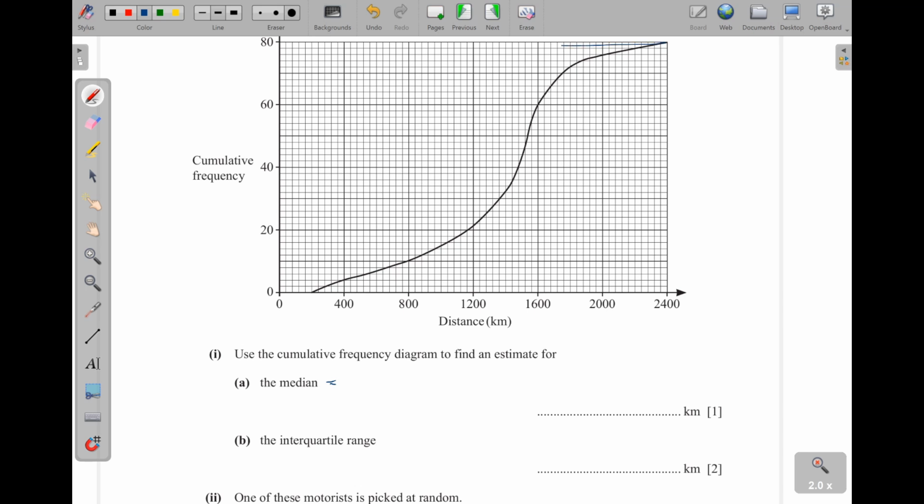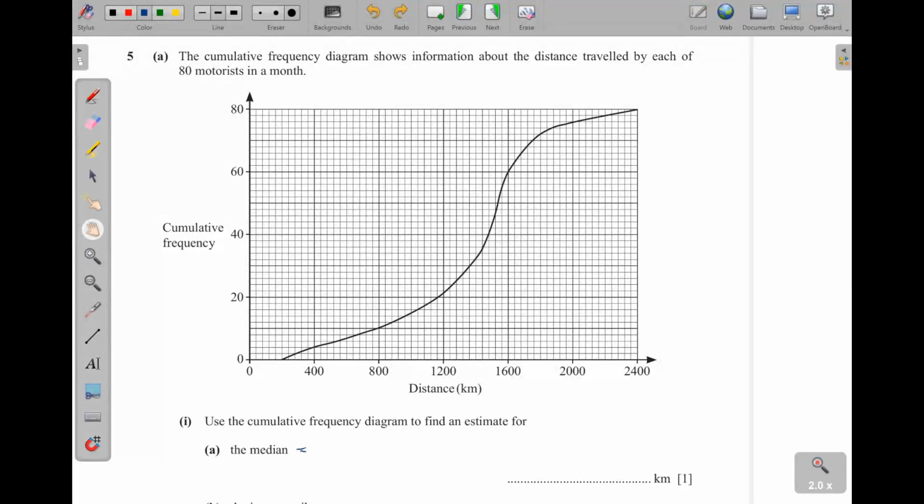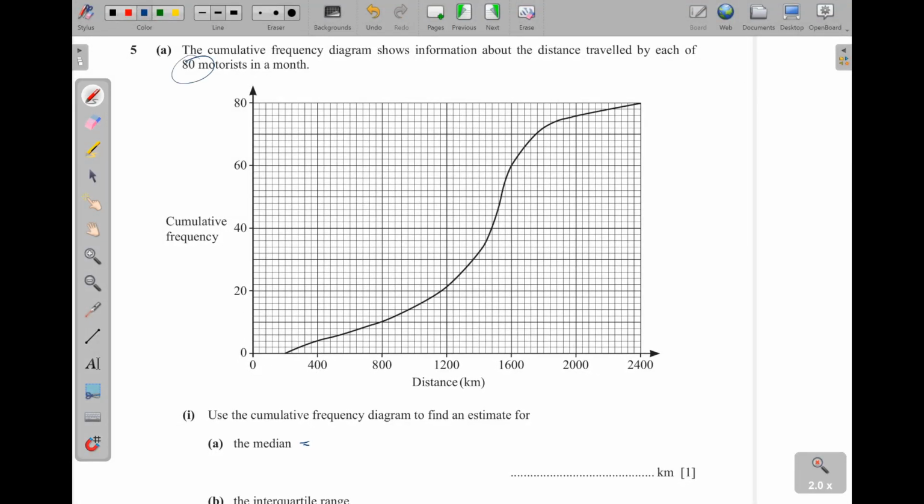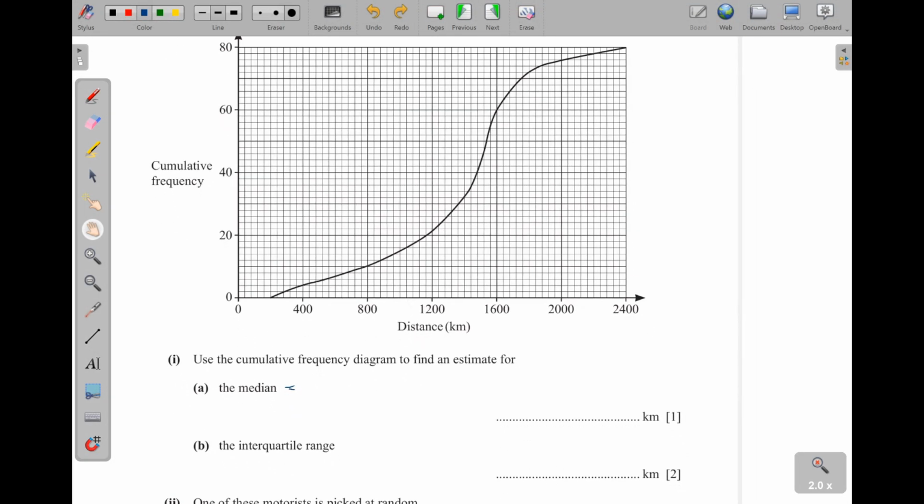Can get it from here, that is 80. And even here, they talk about the 80 motorists. So that means we are going to have 80 over 2, and that one is going to be the 40th value.